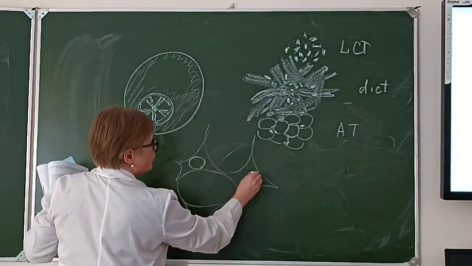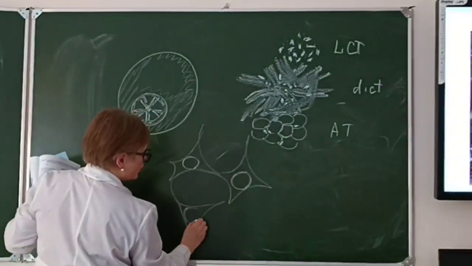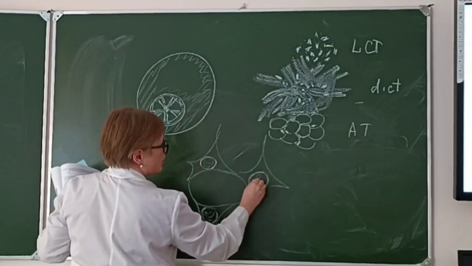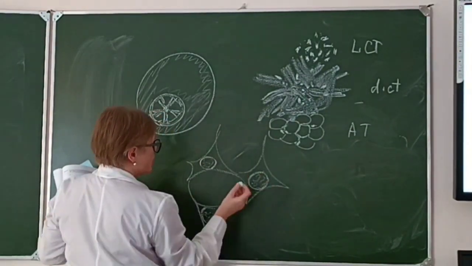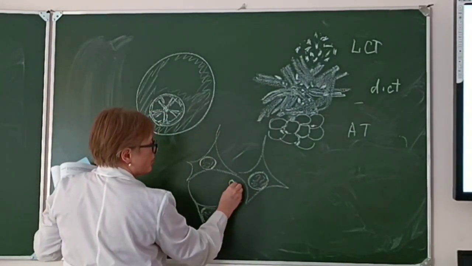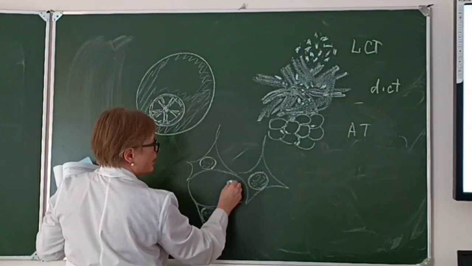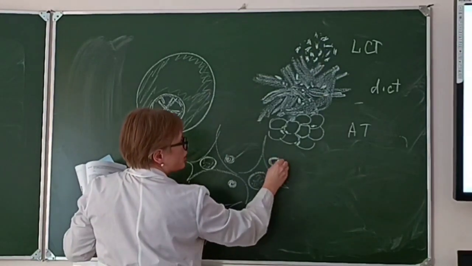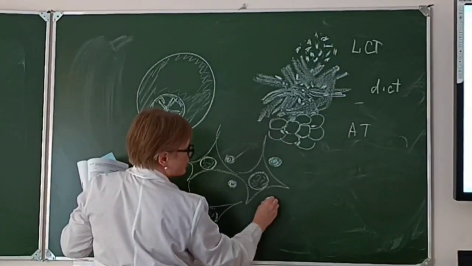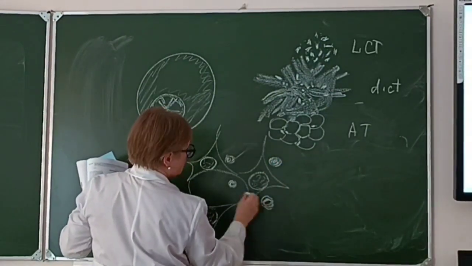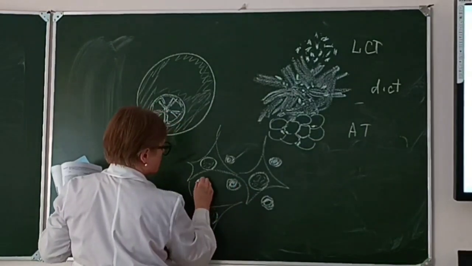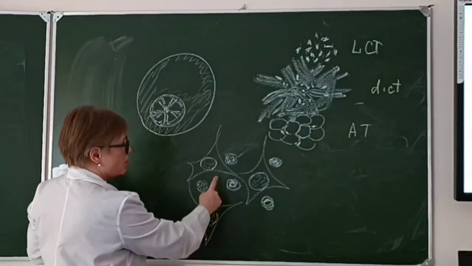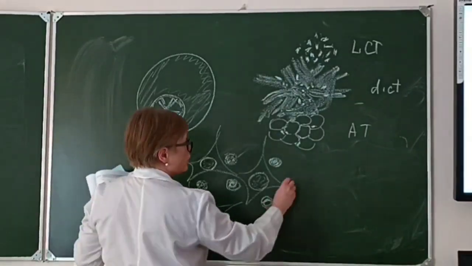They have round nuclei, large enough, light, and between them we can see lymphocytes. Lymphocytes have dark enough nuclei and are smaller in size. This is a diagram of reticular tissue.